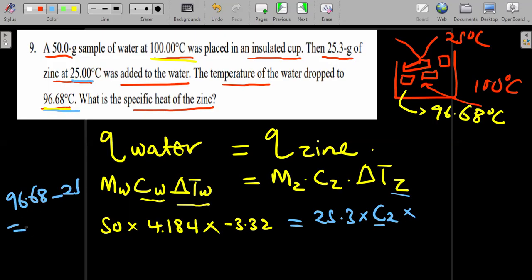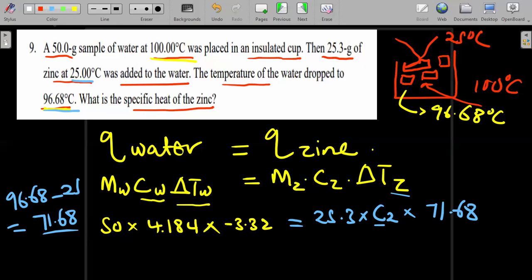When I subtract this, I'm getting 71.68 as my change in temperature. So I'll put it here as my change in temperature, 71.68. All right, so from there now we can calculate the C2, which is the specific heat capacity for the zinc.